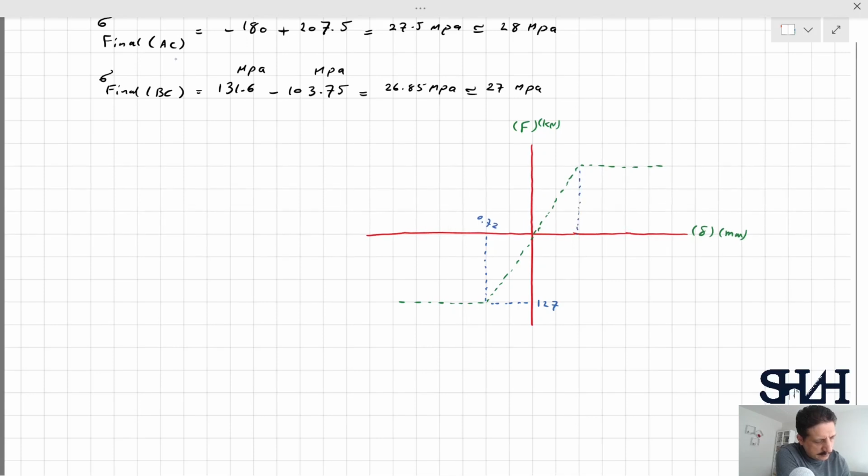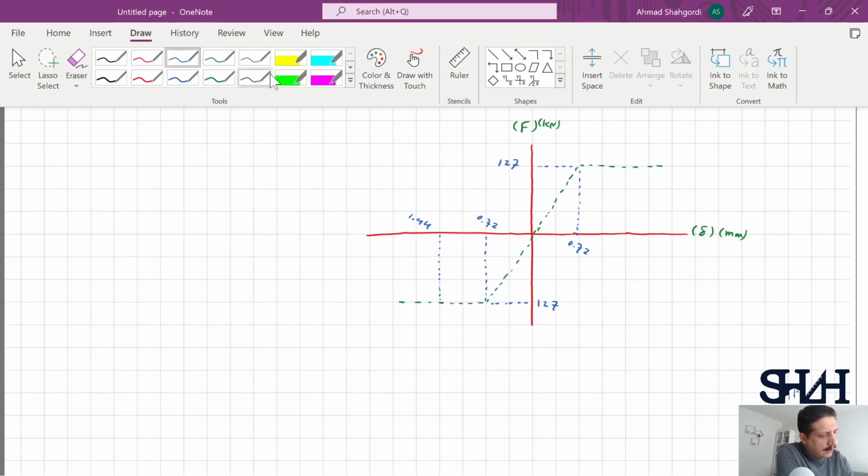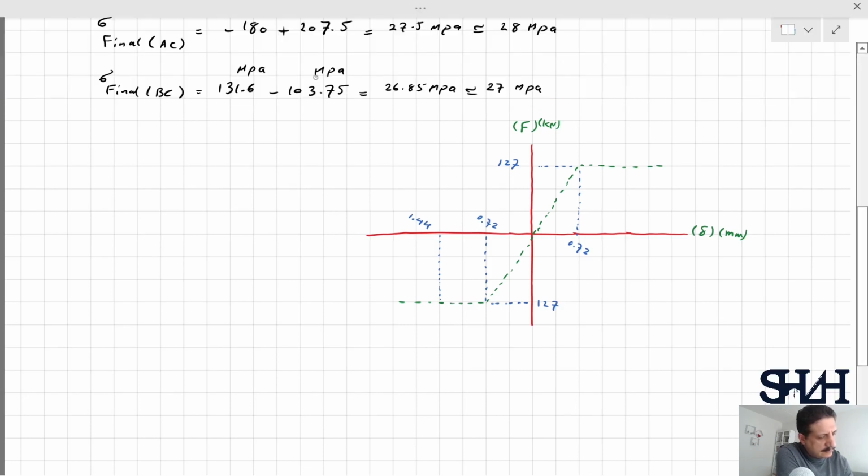The same in the other direction, 0.72 millimeter and 127 kilonewton. And this is 1.44 from the earlier. And we loaded this system up to 1.05 somewhere here.